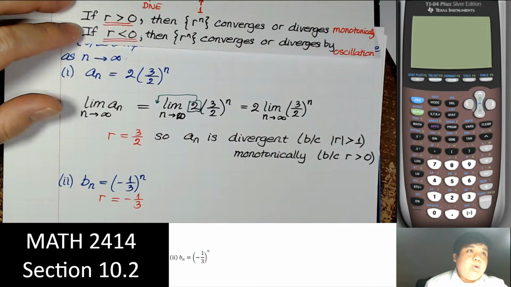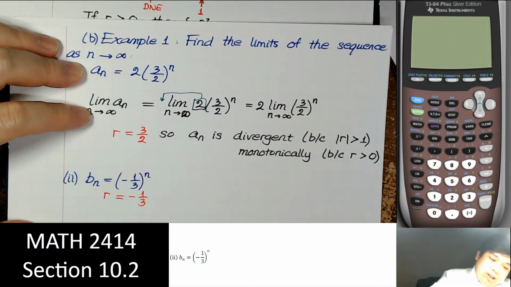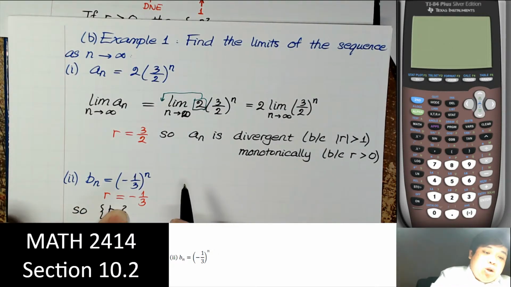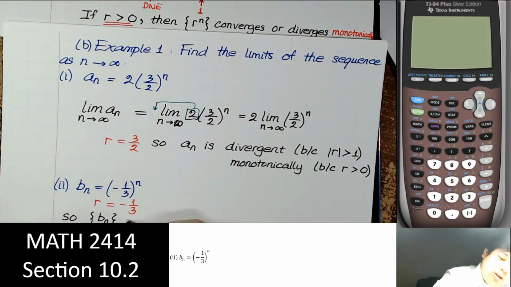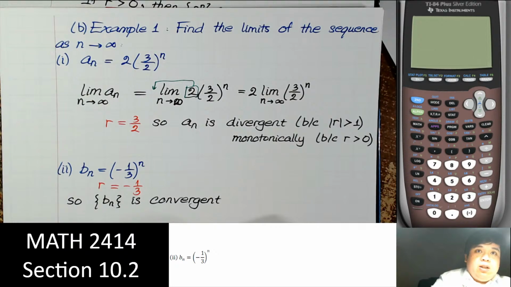So in that case, what do we know about the sequence? If it's between negative 1 and 1, it is convergent. But it's less than 0, so it will be convergent by oscillation.